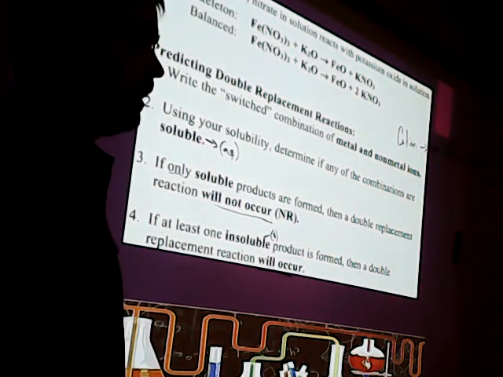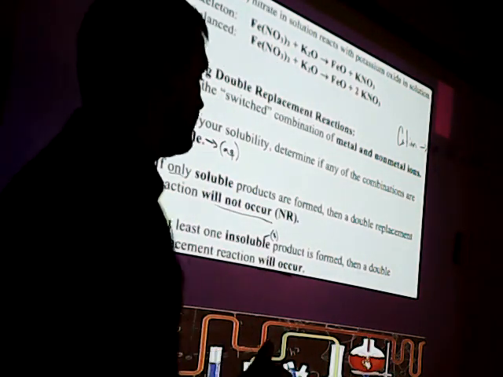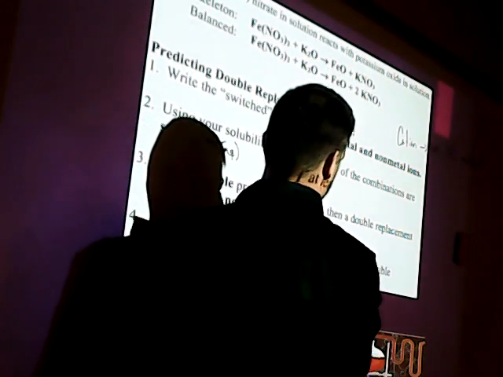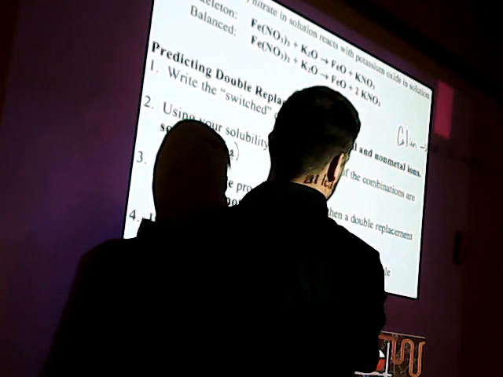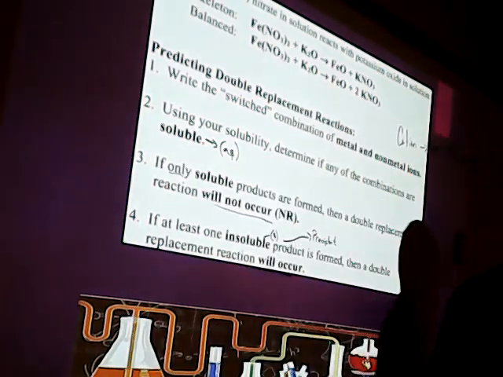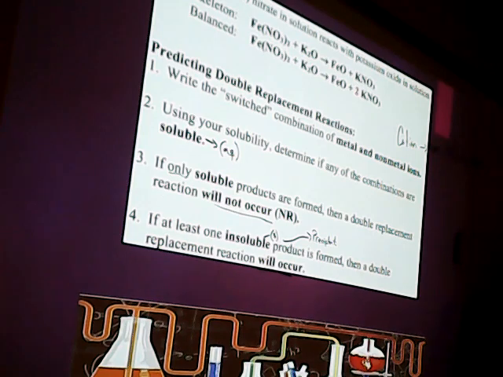Okay? And here we're kind of bringing them back day one. An insoluble product is going to form a precipitate. What's a precipitate? Look at your notes. Oh, it's when two things create a solid. You're very close. I'm missing one big detail in that.